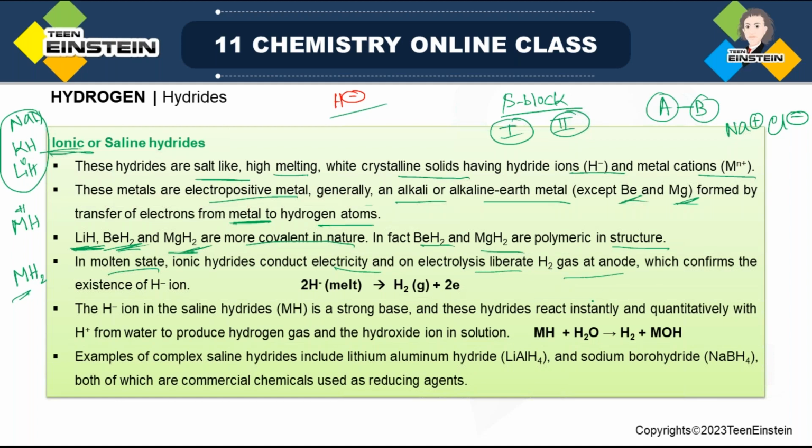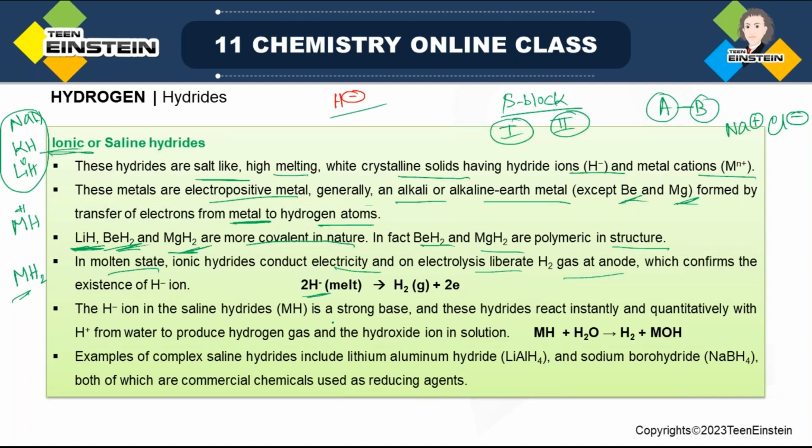and on electrolysis, they can even liberate hydrogen gas at the anode. So when it is in melted condition, that is H minus. Melted condition means the metal ions, the cationic part, and the anionic part H minus are separated. We have melted them, they are in molten state.